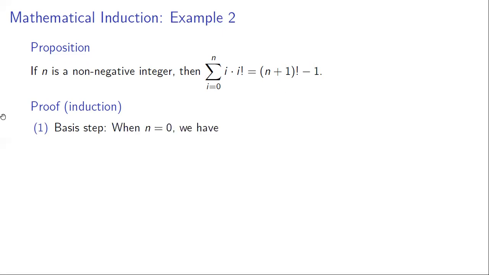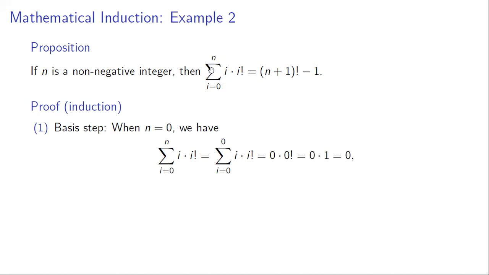So when n is equal to 0, what is this sum equal to? We have the sum from i equals 0 through 0 of i times i factorial, which is 0 times 0 factorial, which is 0 times 1, which is equal to 0.